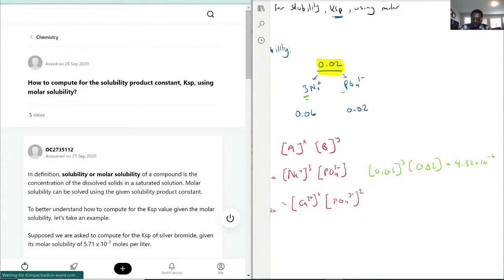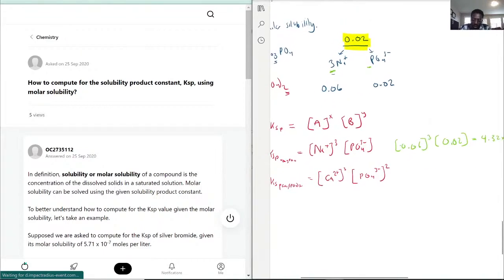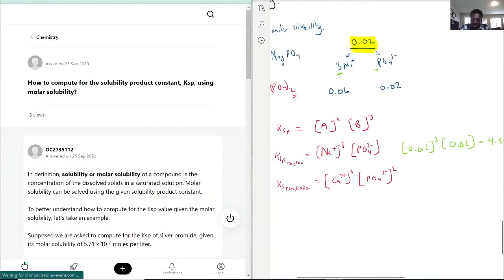Now if we do the same thing for the Ksp for calcium phosphate, you'll notice that even though it's the same amount, the 0.02 that may have dissolved from it, this value is going to be 0.06 cubed.